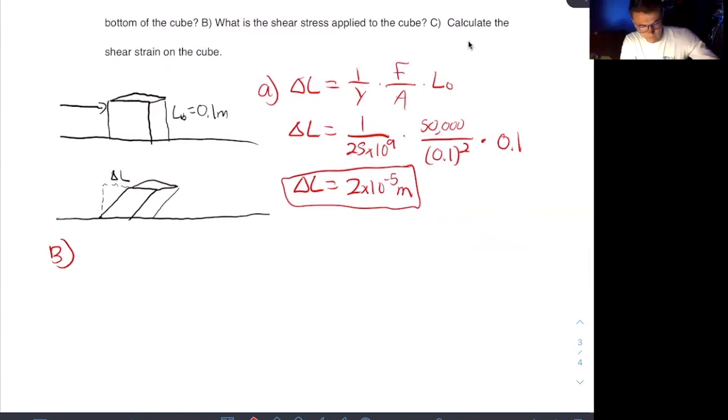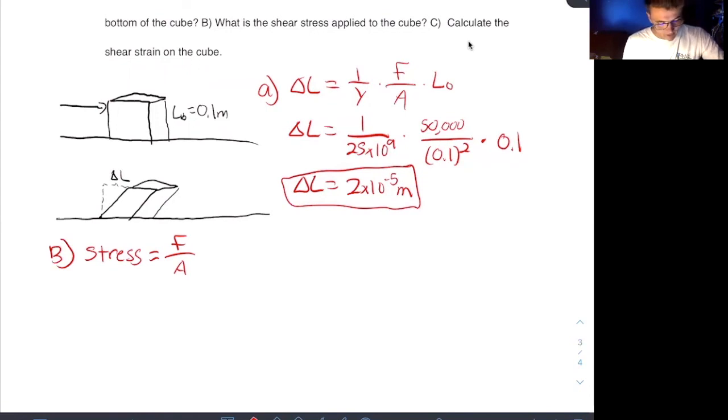So the equation for stress is how much force we are exerting on the object over the area of the object. So the larger force we put on this object, the more stress it is, right? If we increase the area that we're putting this force on, we're gonna have less stress. So it's pretty simple calculation.